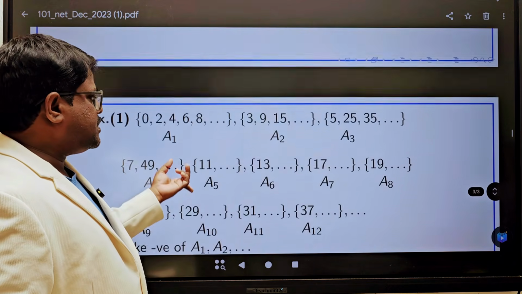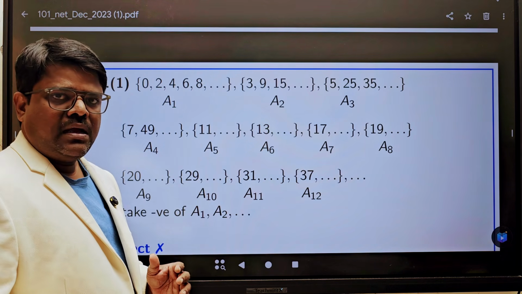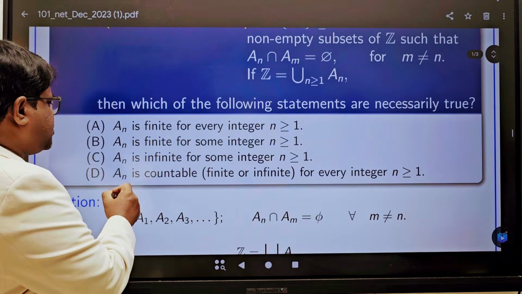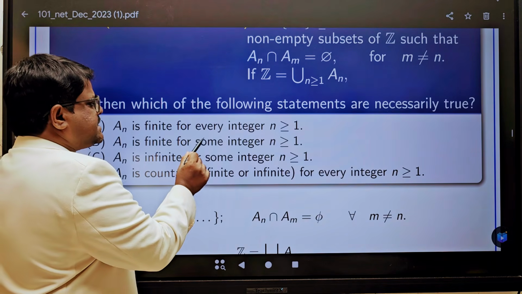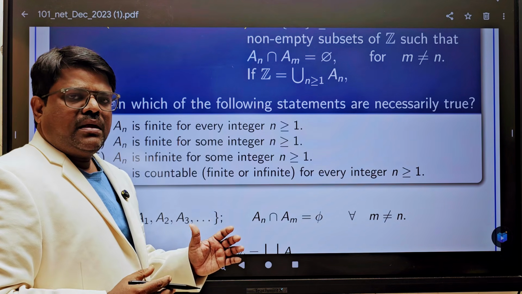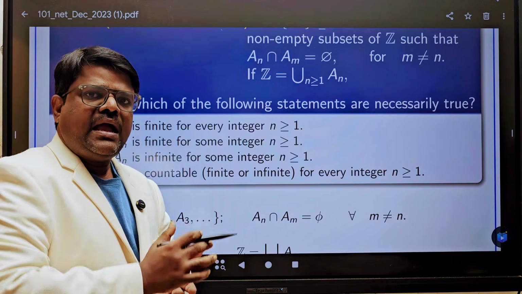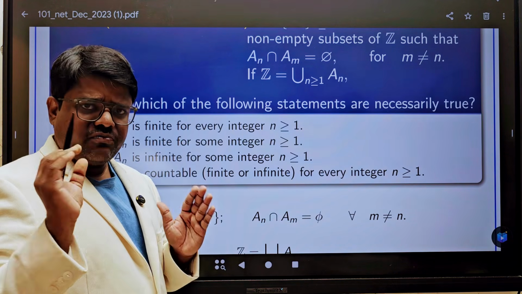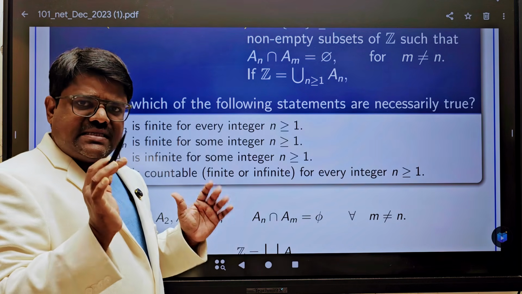And similarly here also, I am taking some example, because in this option they are telling that An is finite for some integer n greater than or equal to 1. Meaning if you collect all the subsets and take the union, at least one finite subset is there.